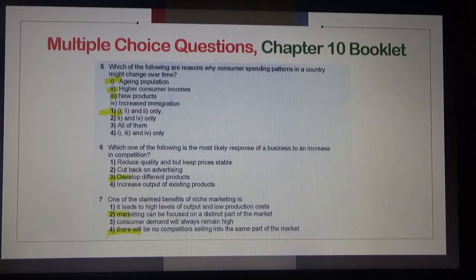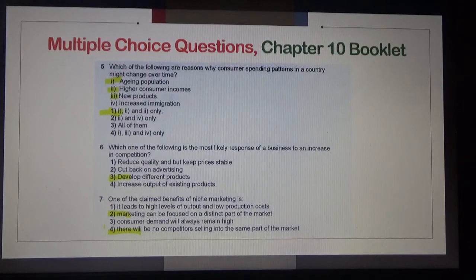Number 3, consumer demand will always remain high. Cannot be because you are only dealing with a small market. And number 4, there will be no competitors selling in the same part of the market. There might be competitors around also who have chosen to sell, like for example Chinese products.